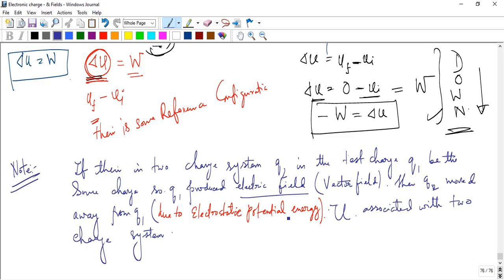Okay, basic. Similarly, we introduce the electrostatic potential V, also a scalar quantity.